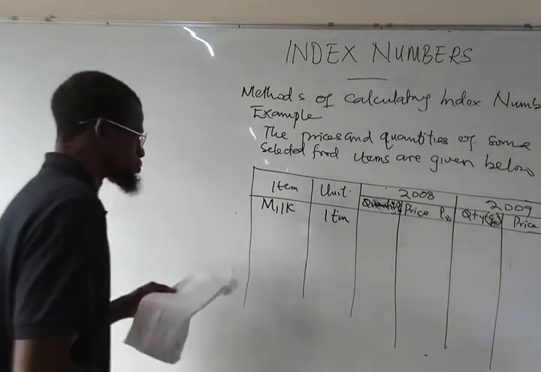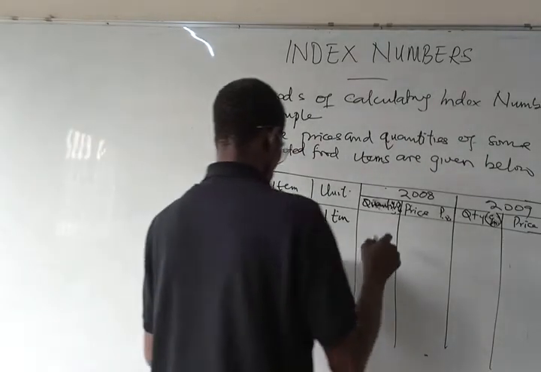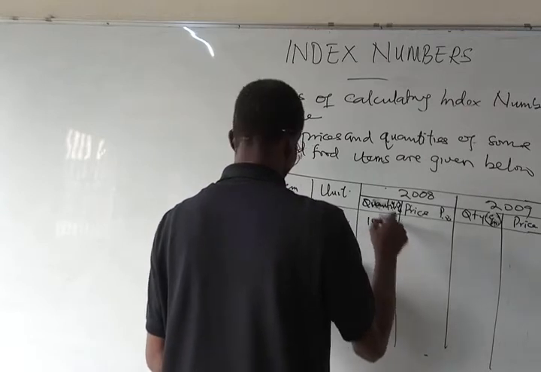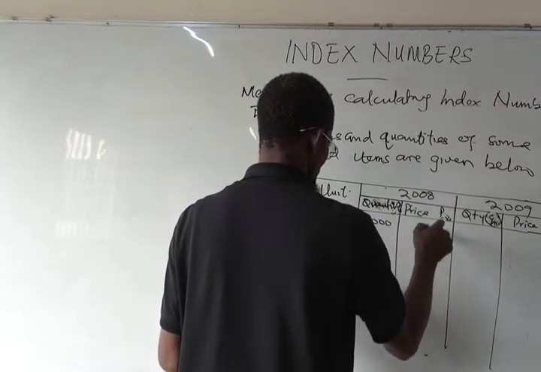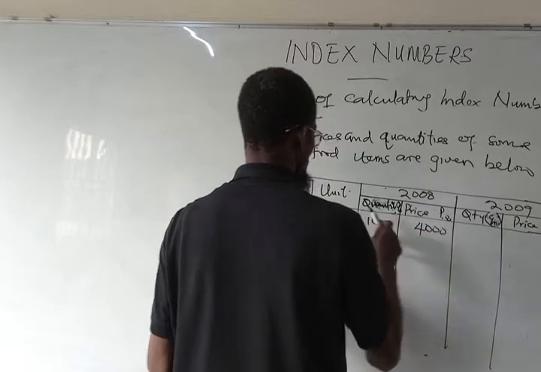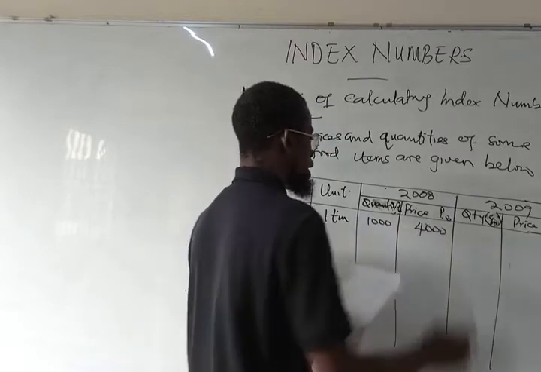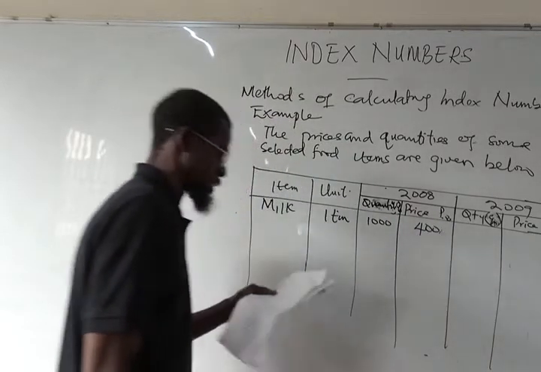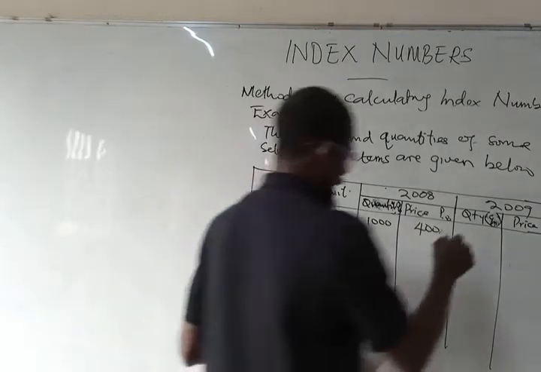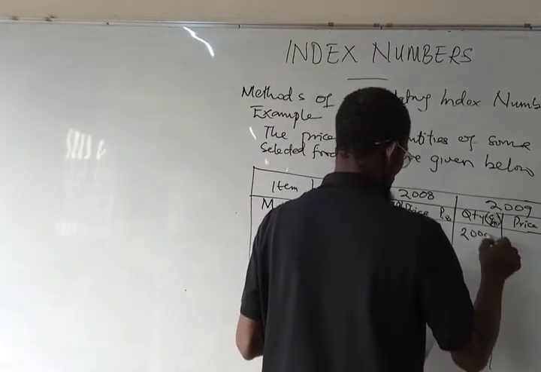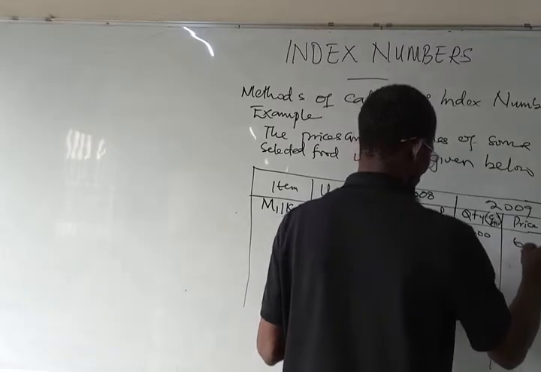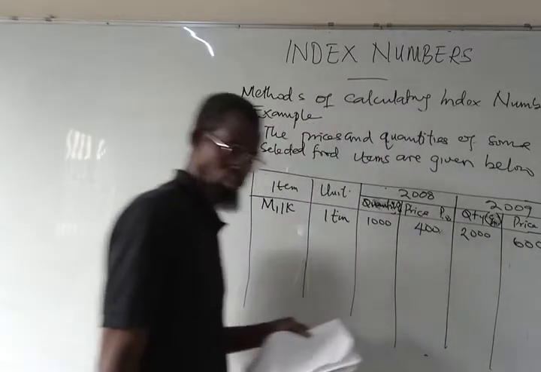So the price of milk, one tin of milk costs 1,000 naira, and for 1,000 quantity, they bought this at the rate of 400 naira. And for 2,000 quantity in 2009, it was bought at the rate of 600.